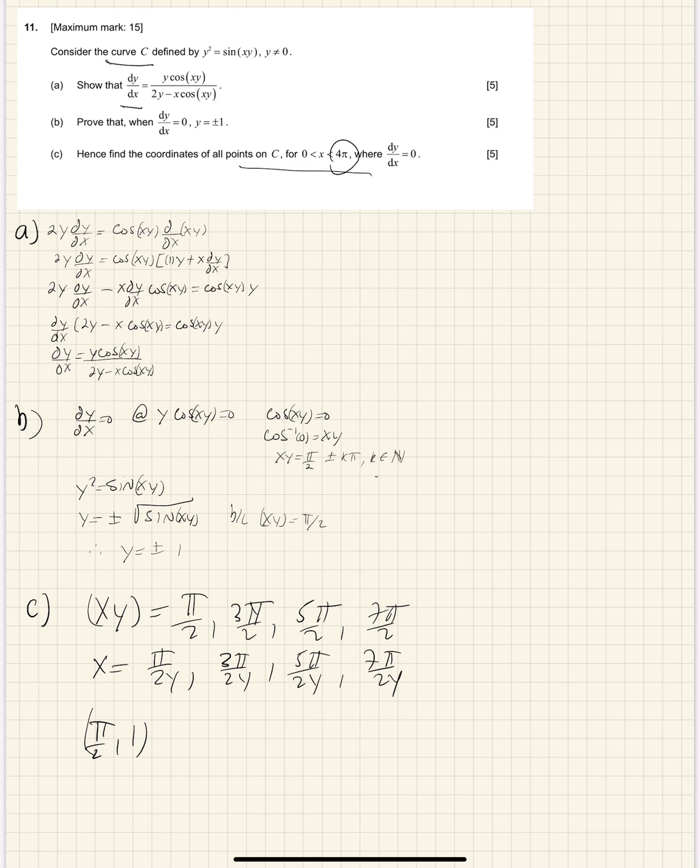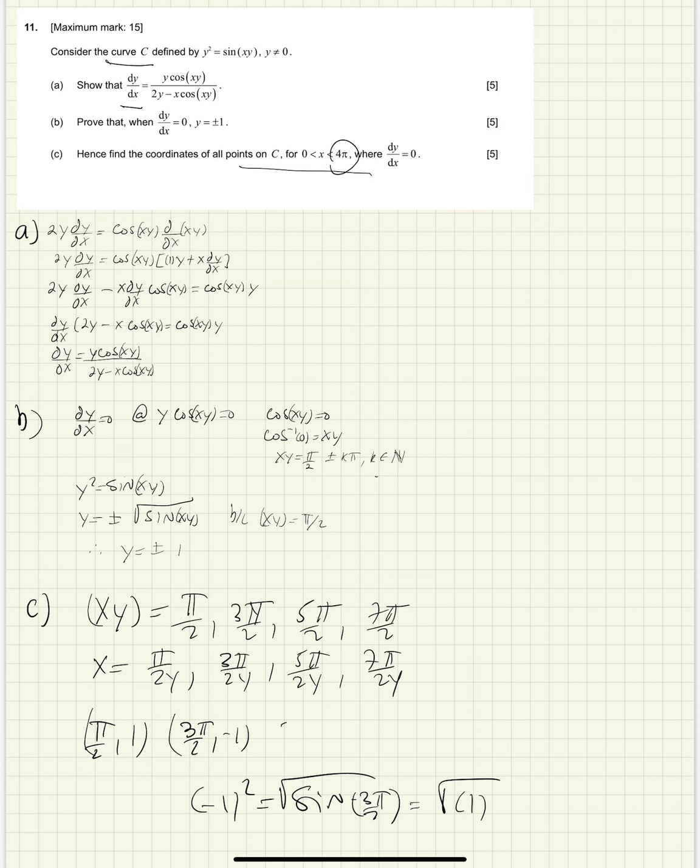So I guess it could work. 3 pi over 2 with minus 1 can work. I take that back. Right here, because minus 1 squared can be equal to the square root of minus 3 pi over 2, which is equal to the square root of 1. And so 1 equals 1. We're okay with that. Cool.